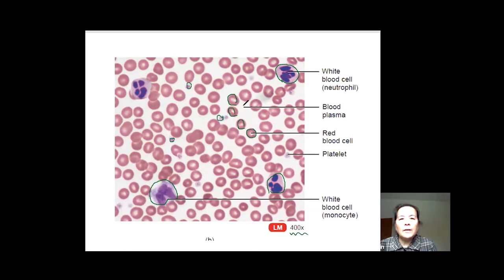And if there's nothing in there, it looks empty. That's blood plasma. So basically we make our blood 400 times bigger, then we can see it.